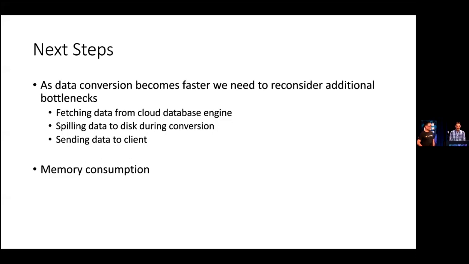We probably need to pay closer attention to the other steps in HyperQ: fetching the data from the cloud database engine, spilling the data to the disk, or sending the data back to the client. We also want to focus on our memory consumption. We have seen that during conversion, our memory footprint is pretty large.